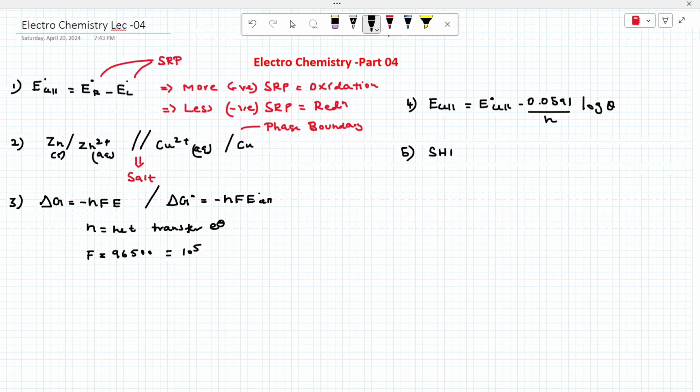E SRP is equal to minus 0.0591 into pH, reduction potential. For oxidation potential, this is E SOP, equal to plus 0.0591 into pH. These 5 formulas we discussed in the previous class.